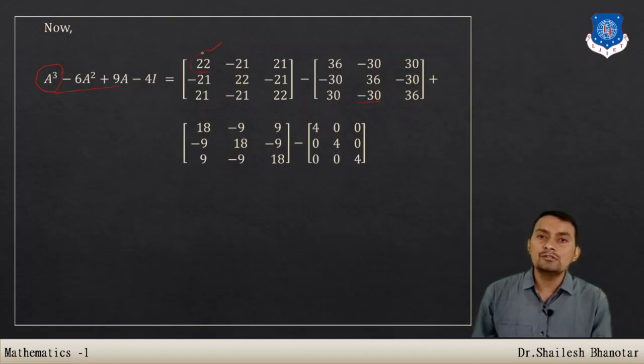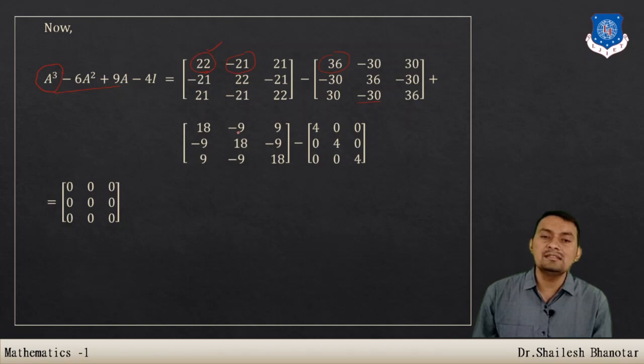But when you focus on the first entry of each matrix, what you are going to get is 22 minus 36 plus 18 minus 4, so the answer will be 0. And the same argument you have to follow for the other entries, and then you will get 0.